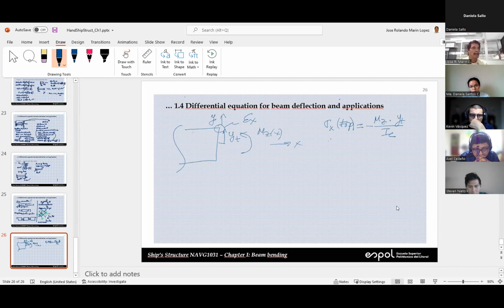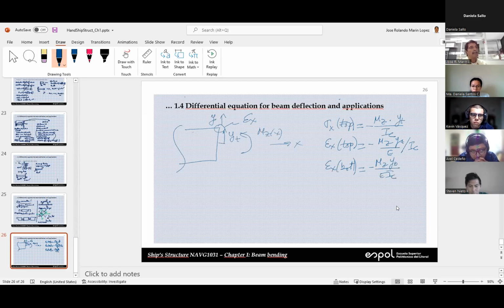Similarly, we divide it by E. At the bottom, it's going to be minus Mz y at the bottom over E I sub c.